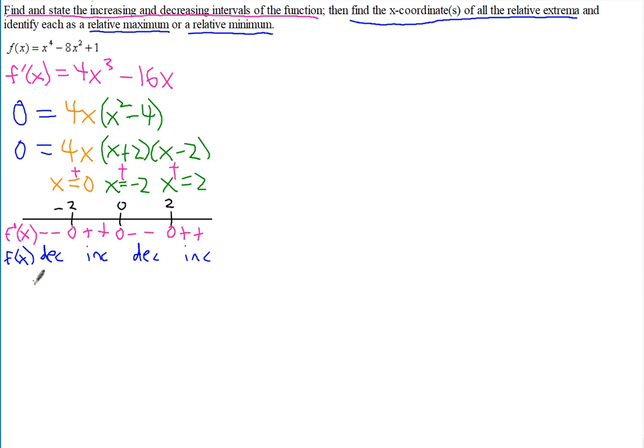So now we can say f, or f of x, you could read it either way, is increasing. You can start with either one. On -2 to 0. It's easiest to use interval notation here. And also from 2 to infinity.